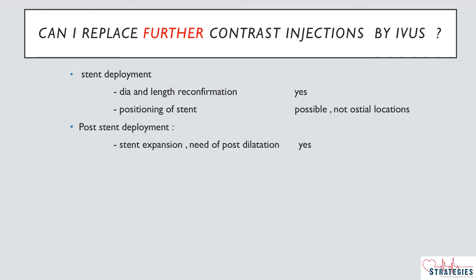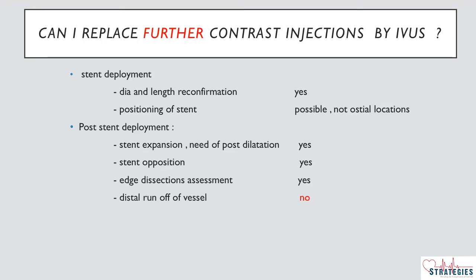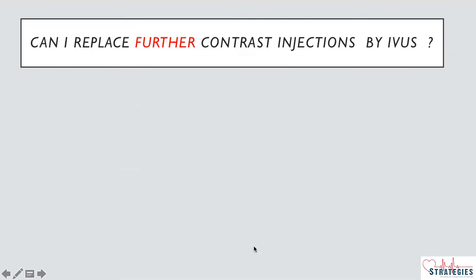And post-deployment assessments, of course, IVUS scores over angiography in understanding stent expansion, apposition, and edge dissections, except distal runoff of the vessel. So the only things which you cannot assess with IVUS, or which are a bit difficult, are positioning of the stent, especially in ostial locations, and distal runoff of the vessel. These are the two things which you may not be able to understand with IVUS.